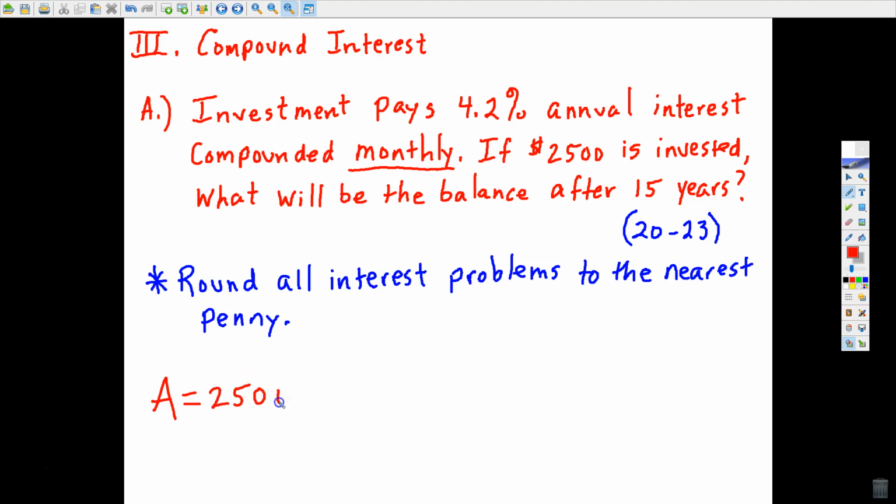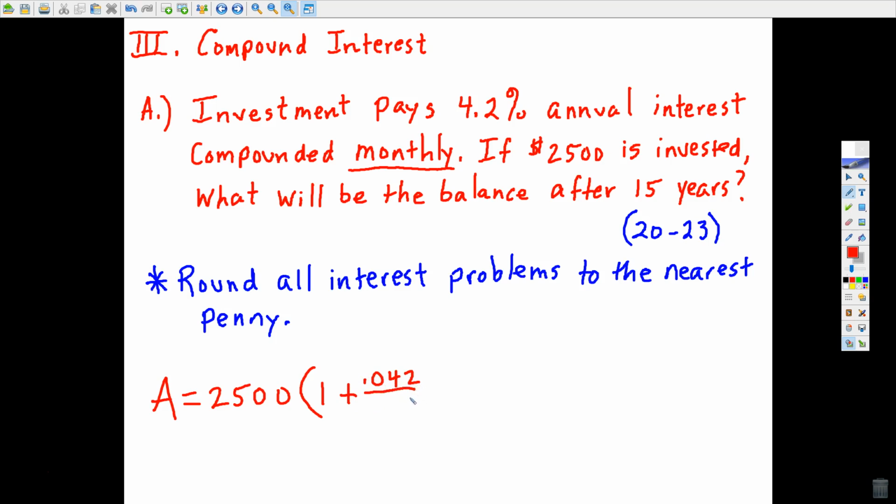And if you're keying into your calculator, you can just do $2,500, left parentheses, 1 plus. The numerator is the rate, but don't forget, we got to change this to decimal. 4.2% is 0.042. Just slide the decimal 2 places to the left.